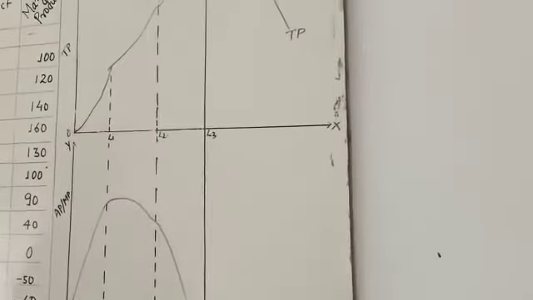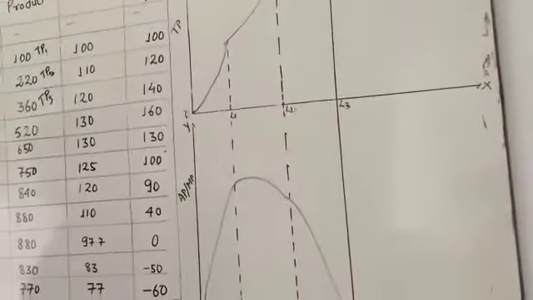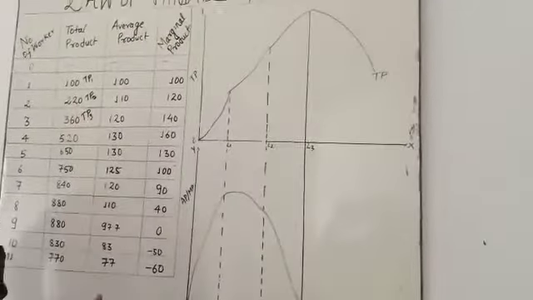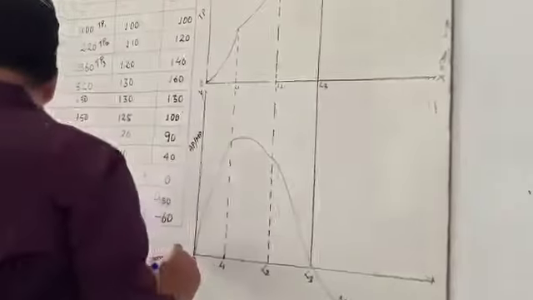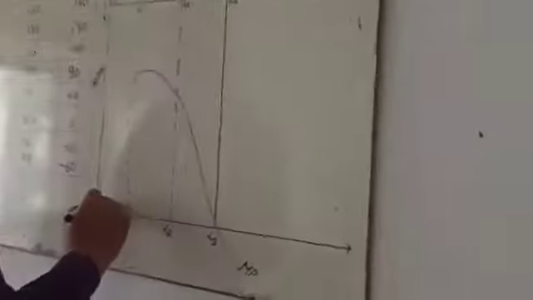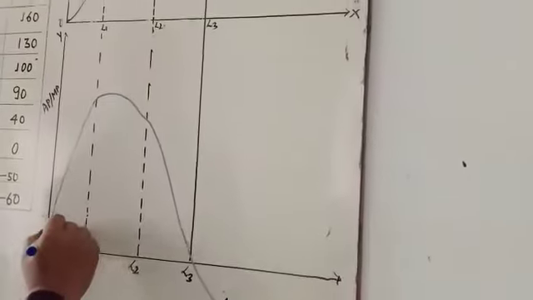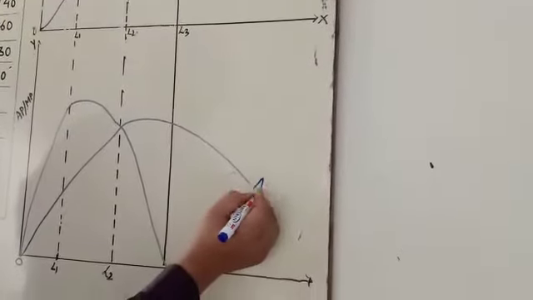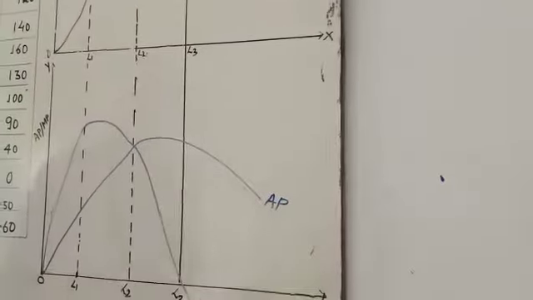So what is another graph? That is average product. You have also observed that average product is also going to decrease, but it will not be negative.